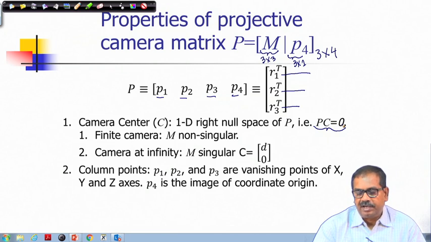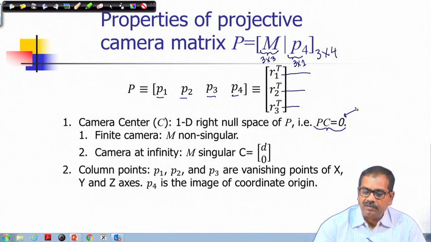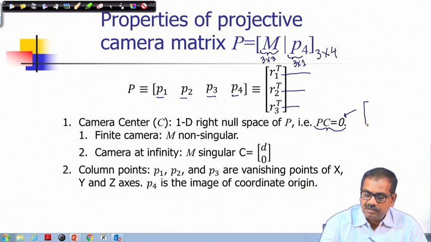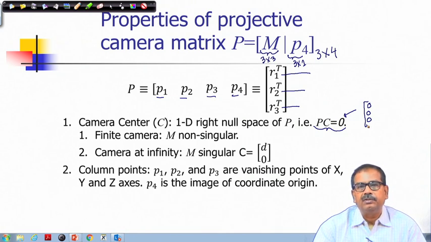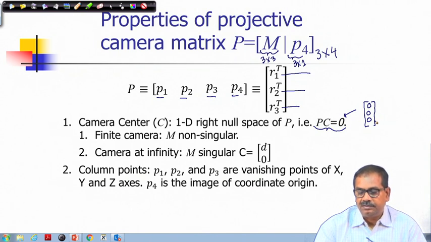If I multiply the camera center coordinate in the homogeneous coordinate system with the projection matrix P in this form, then I should get a 0 vector. You understand this 0 is not a single scalar value, it is a vector, because it is 3 cross 4 times 4 cross 1, so its dimension should be 0, 0, 0.